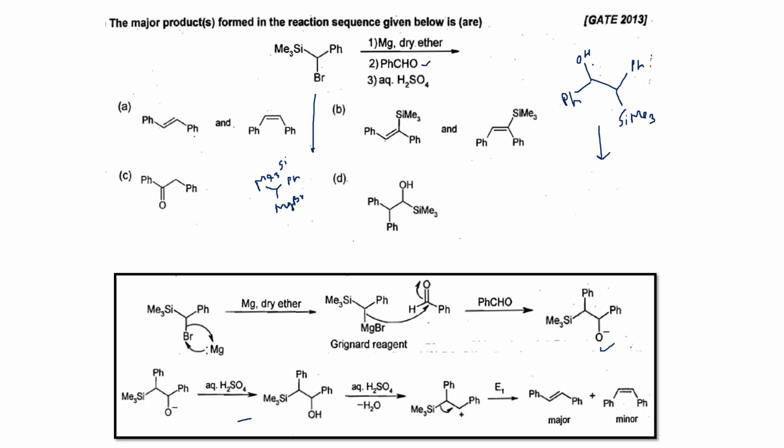So this OH and SiMe3 will come here and get removed from the system, generating this E-alkene as the major product. Okay, understood? So this reaction is going via Peterson olefination.